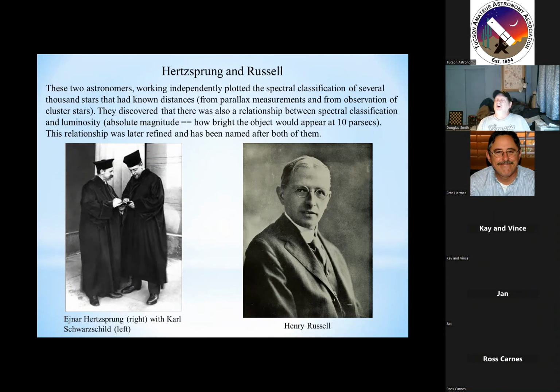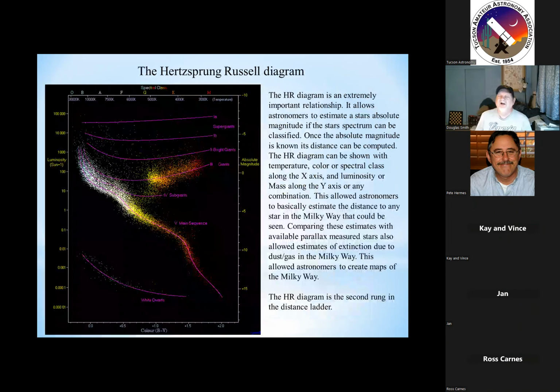And if anybody doesn't know, the absolute magnitude of the star is how bright the star would appear at a distance of 10 parsecs. But anyway, this relationship was later refined over the years, and has been named after both of them, and we all know it as the Hertzsprung-Russell diagram.